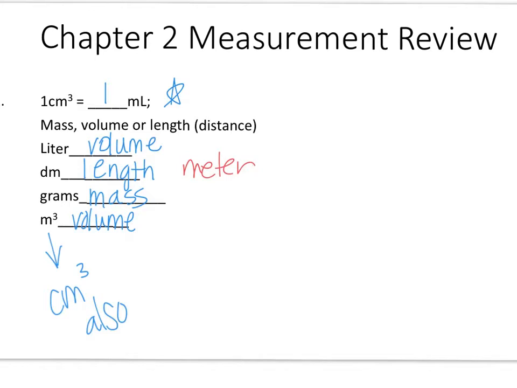You need to know that grams is mass, and that meters cubed or centimeters cubed for that matter would be measuring volume. Another thing would be milliliter would also measure volume. A kilometer could also be measuring length. Mass could be grams or milligrams or kilograms. Those are all things that would be measuring mass. So make sure you know those things as well.